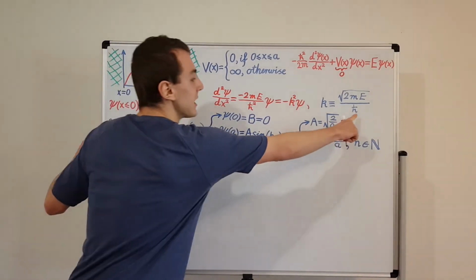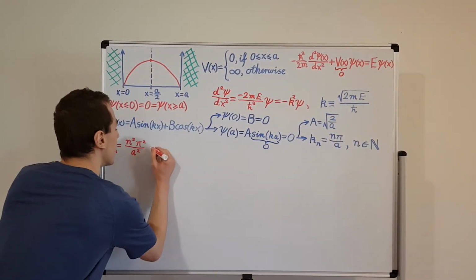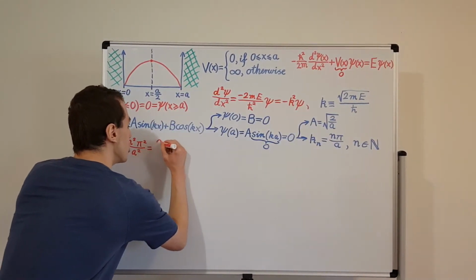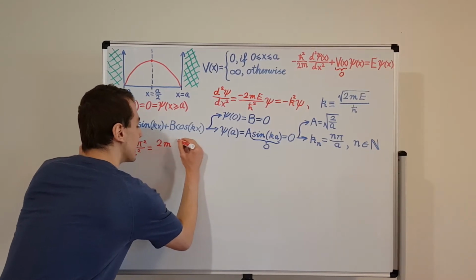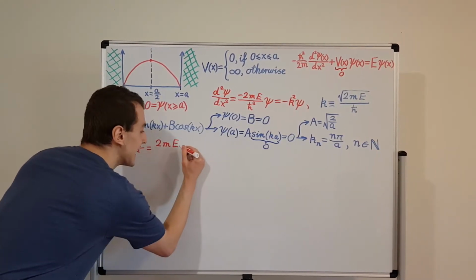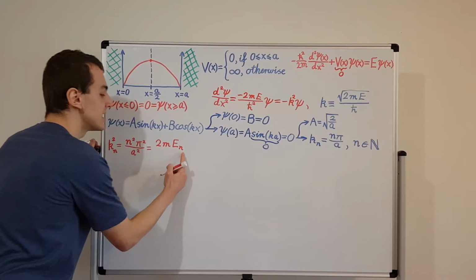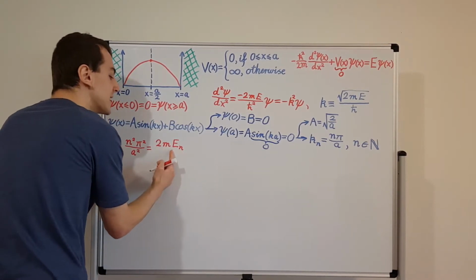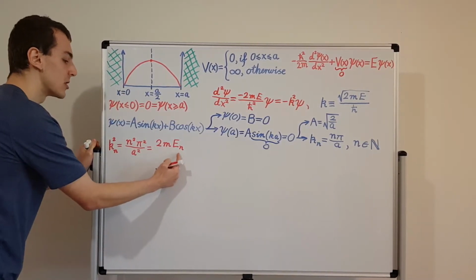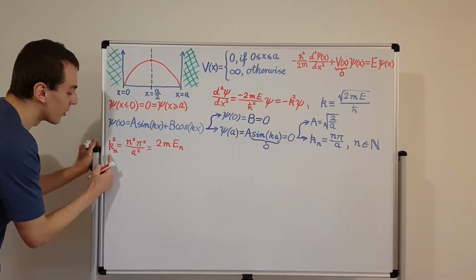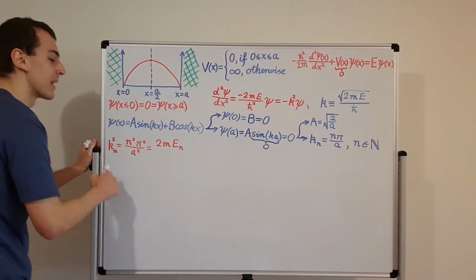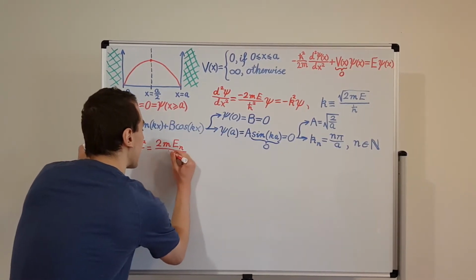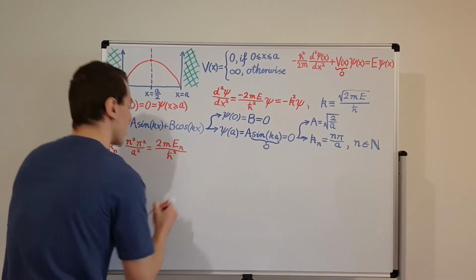And it's also going to square the h bar in the denominator. So that's going to give me 2m. And for E over here, I'm actually going to write E subscript n. So this is not just any energy level, but this is the nth energy level, because this is the nth value of k over here. So I'm going to divide that by h bar squared.